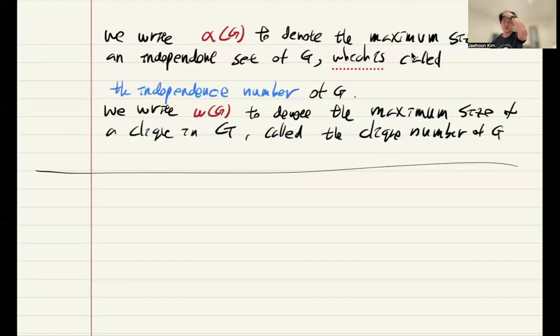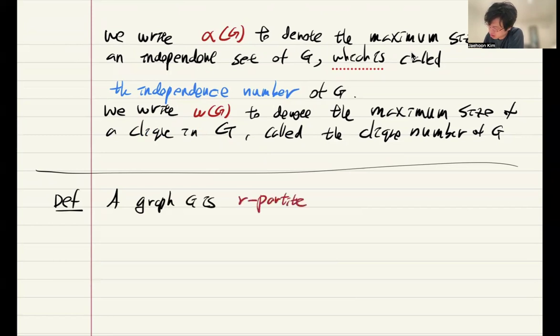Okay, so these are also useful concepts. And another useful concept is we say that a graph G is r-partite if it is the union of r independent sets.